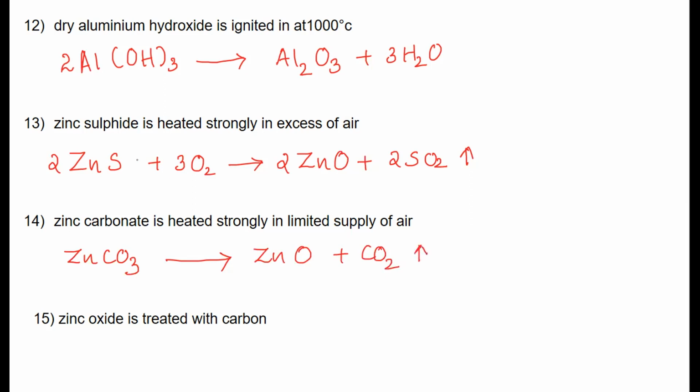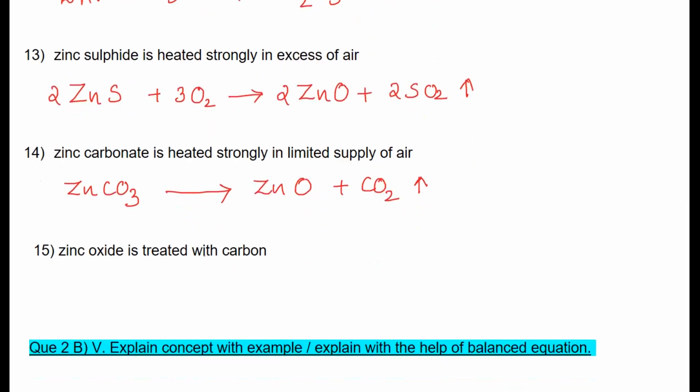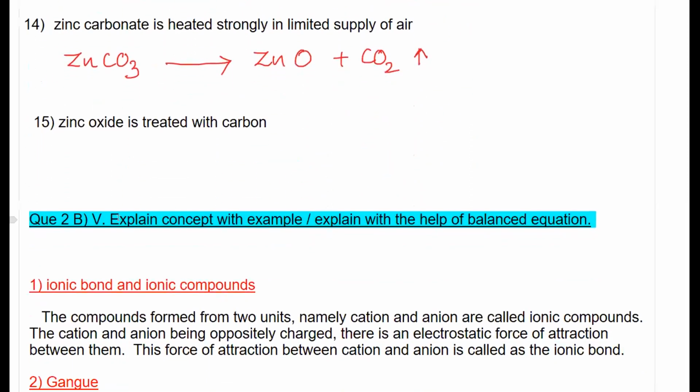In sulfide ore we got sulfur dioxide, and here with carbonate ores we got carbon dioxide. ZnCO3 gives ZnO plus CO2. Oxygen 3, here also oxygen 3, carbon and zinc 1 and 1. Equation is balanced. Next is, zinc oxide is treated with carbon.